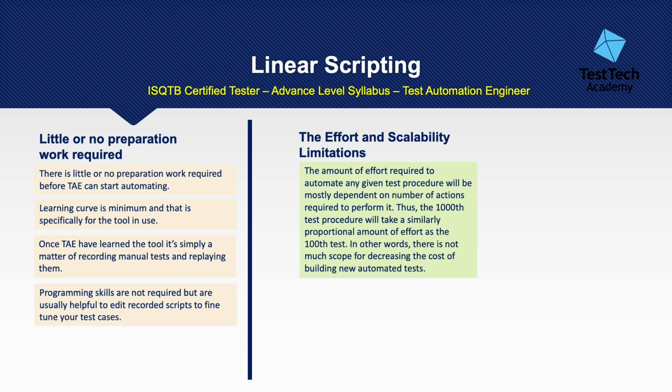In other words, there is not much scope for decreasing the cost of building new automated tests. As we have already noted in the previous slide, it lacks abstraction. So when there is no abstraction, the previously recorded test cases cannot be used to help future recorded test scripts. That means we have to record each and every test case separately.